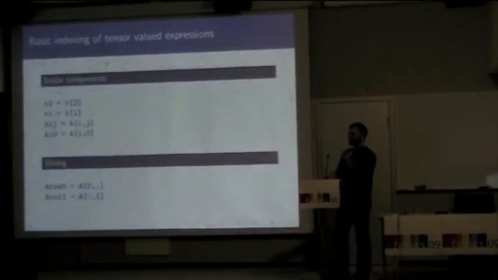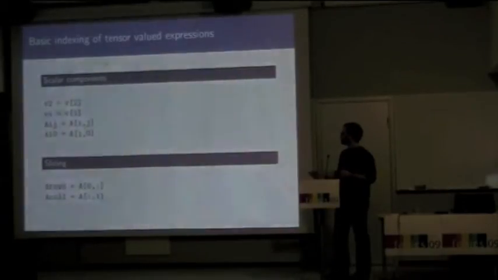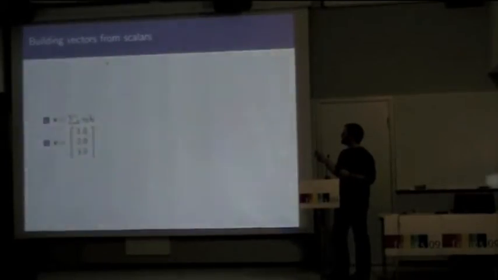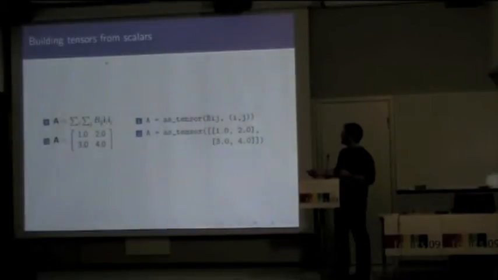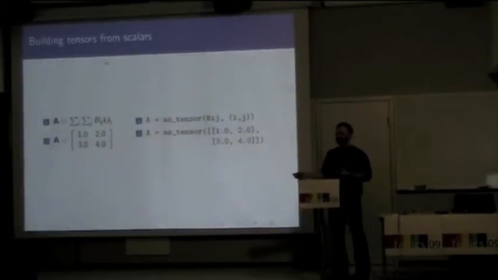So going from a tensor to a scalar valued expression is done by indexing. And you can make slices, take the row vector and the column vector. And going the other way is done by the functions as vector or as tensor. So you can look up the details in the manual.